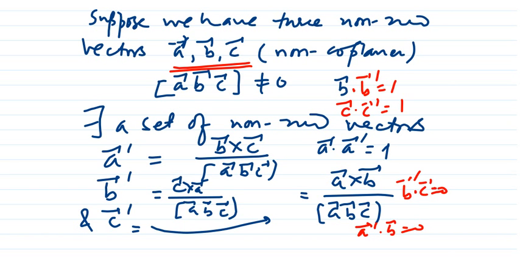But if the pair is A and A dash, then the value will be 1. Similarly, for B and B dash, the value will be 1.